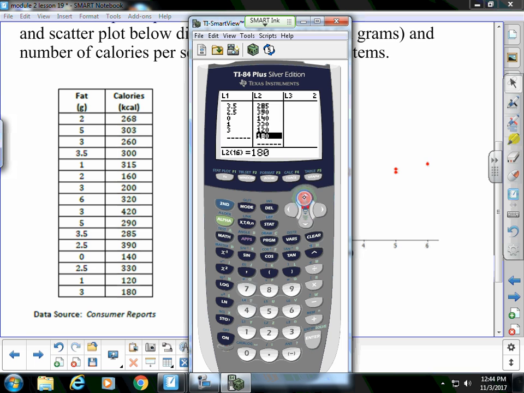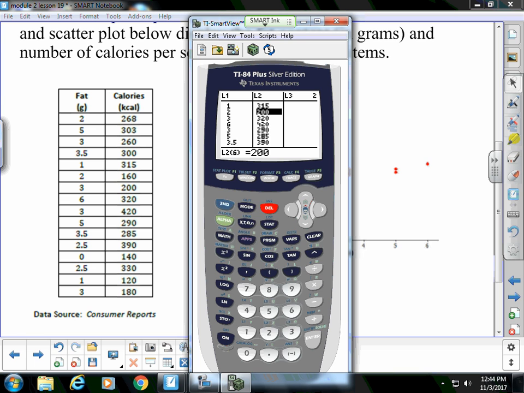Either I have an extra or I forgot one, because my lists aren't the same size. Oh, there's not a 160 up here. So that's an extra one.